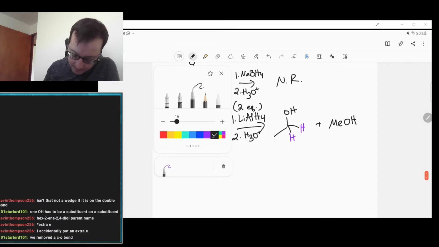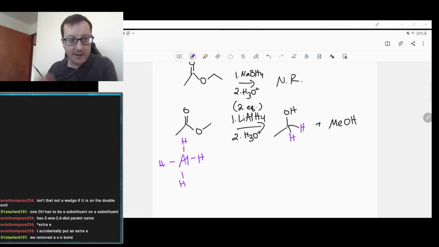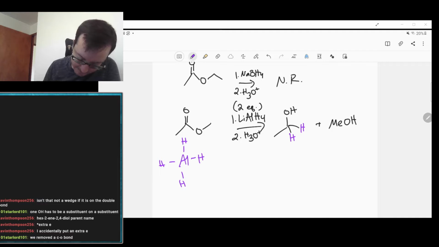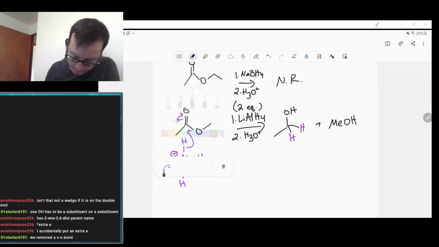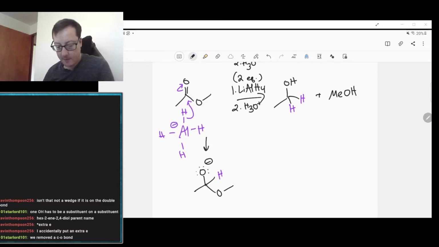Mechanism-wise, it looks essentially the same, except instead of boron, we have boron's friend, aluminum, one step below it on the periodic table. It comes in, opens this up, and now what's going to happen mechanistically: we have that O minus, we have our new purple H, which I will draw in purple, and then we have this.